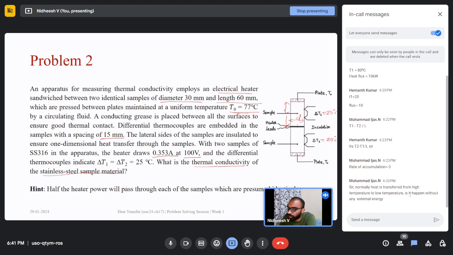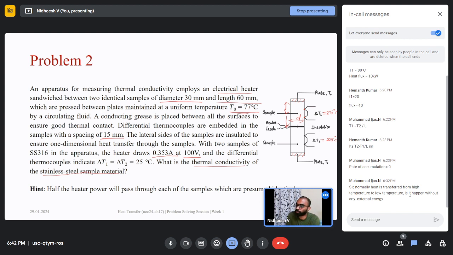Muhammad Ijaz is asking a question in the chat window. Normally heat is transferred from high temperature to low temperature. Does it happen without any external energy? This temperature difference is the driving force for heat transfer. Say it is the difference in potential, right?